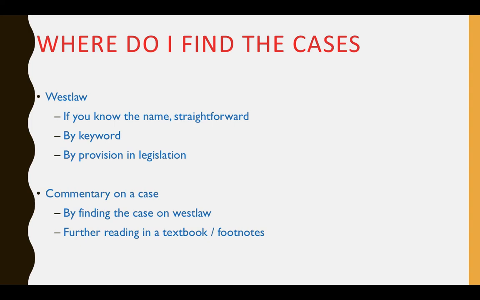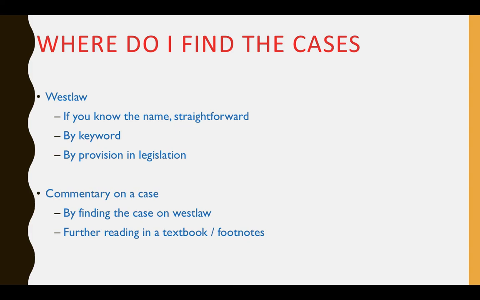If you want to find commentary on a case, well, a textbook may refer you to commentary on a particular case. Another textbook may have it in the footnotes, and they may say, look at this analysis by so and so on this particular case.